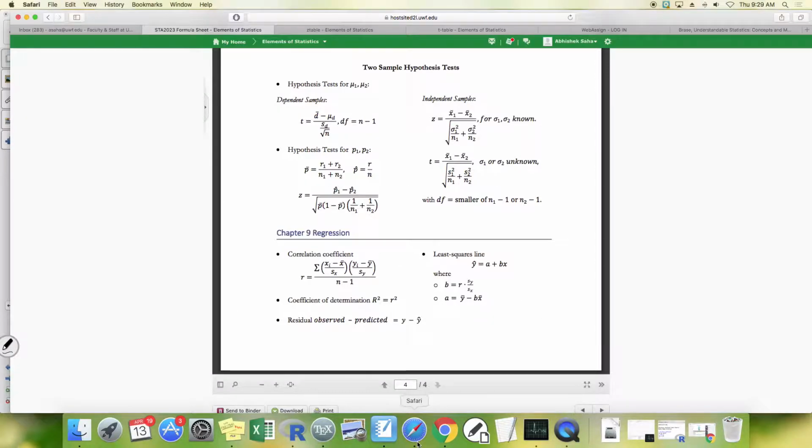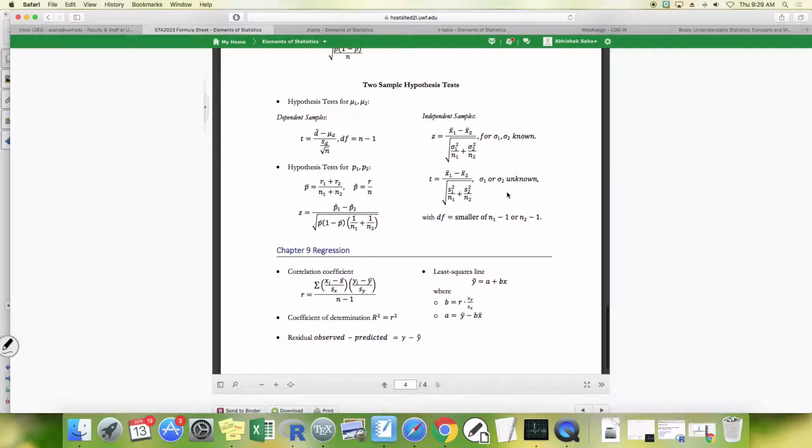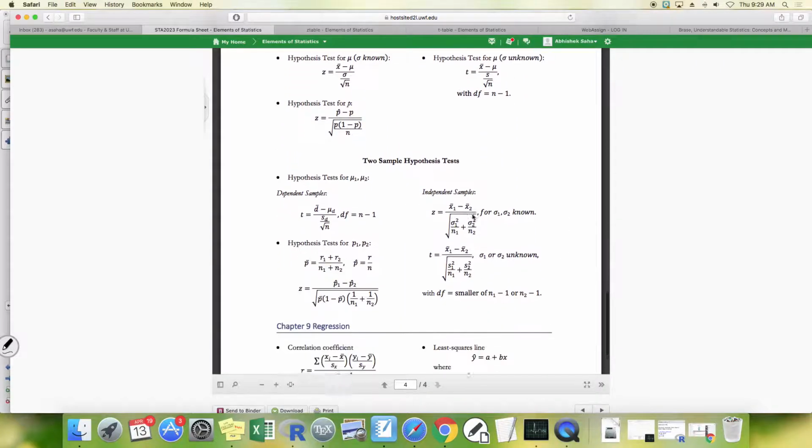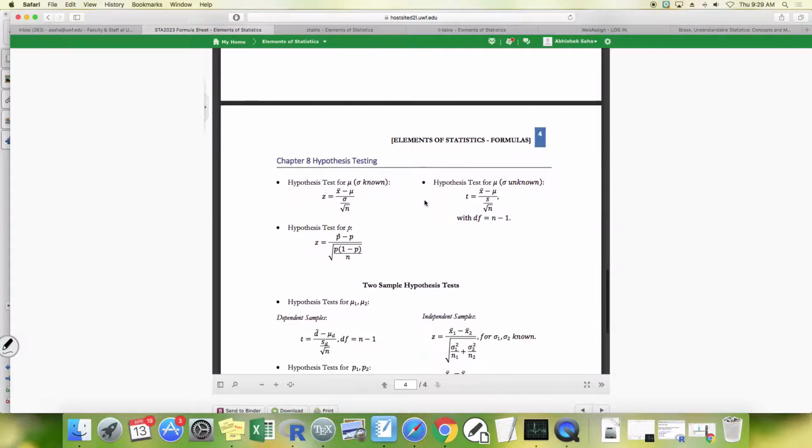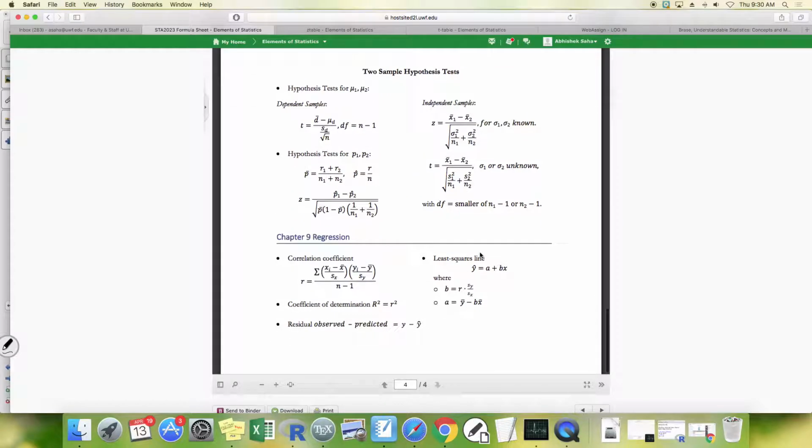So once again, it's a chapter 8 problem. So we are at chapter 8. It's a two sample problem. So we are here, and scratch out this portion, we don't need it. Scratch this out. So we only need this one, and this one. And obviously we need these three also, like for one sample. So among these three that we need, it's a means problem, so that means one of these two. And we know that sigma 1, sigma 2 is known. So that means this formula.